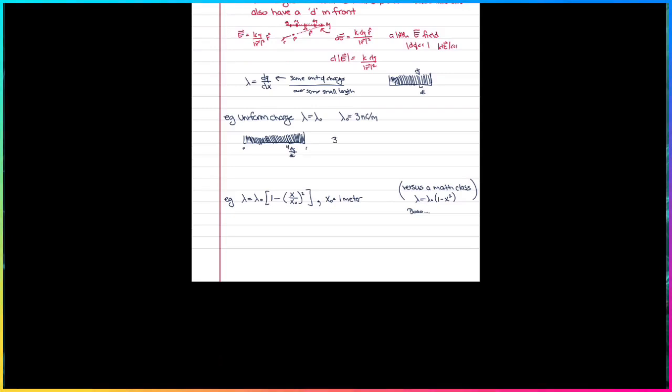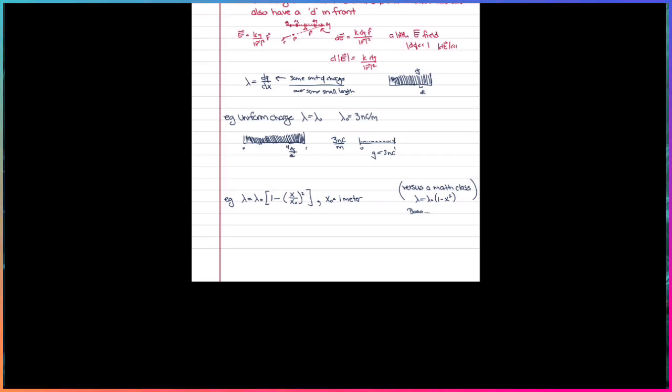Which again is saying that if the rod was 1 meter in length, then if I counted everything up in all those tiny absurd buckets, all those small little bits of charge, I would ultimately have 3 nanocoulombs of charge. So Q total would be 3 nanocoulombs, in this case, because there's 3 nanocoulombs distributed over 1 meter.